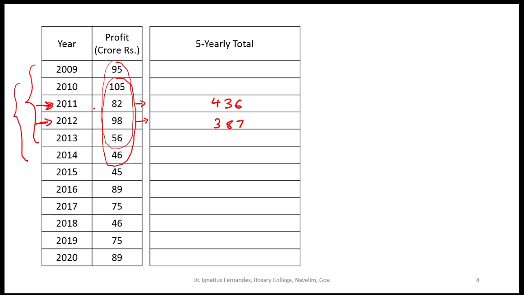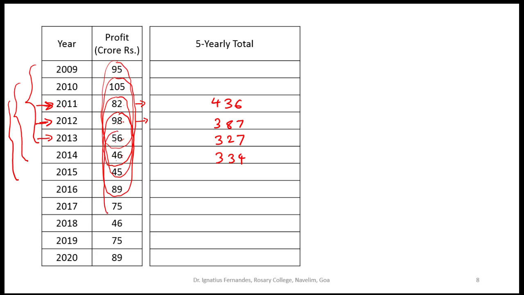Then the next 5 years, 2011 to 2015, where the middle year is 2013: 82 plus 98 plus 56 plus 46 plus 45. This total comes to 327. Then the next 5 years: 98 plus 56 plus 46 plus 45 plus 89. This comes to 334.